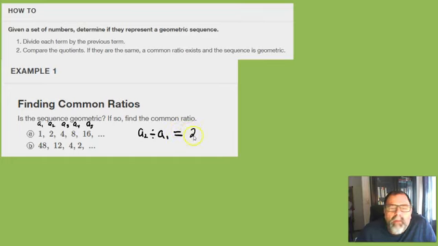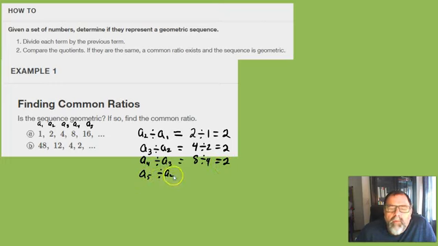So 2 divided by 1 is 2. And then we do A3 divided by A2. So we got to check that it's the same for each one. So A3 would be 4. 4 divided by 2 is 2. So it's looking good. A4 divided by A3 is 8 divided by 4, which is 2. And then A5 divided by A4 is 16 divided by 8, which is 2.